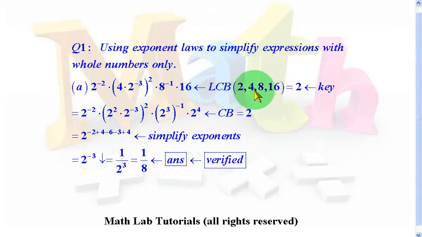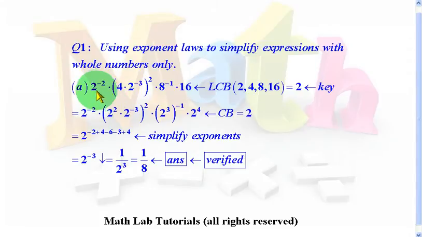And of course 2, 4, 8, and 16 have the lowest common base of 2. And that's the key to simplifying an expression such as this right here. The objective is to use the lowest common base to re-express all these bases in terms of base 2.